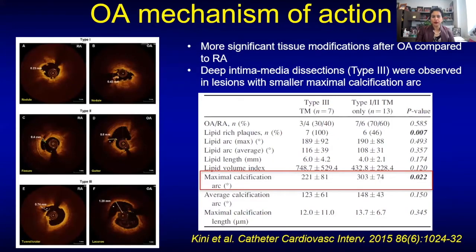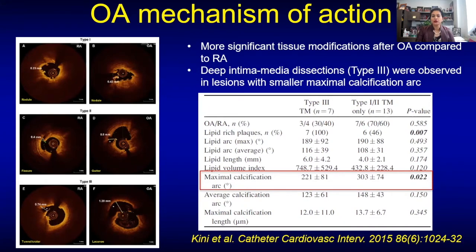We were the first also to show the mechanism of action of orbital atherectomy. When we did imaging, what we saw was that calcium arc was the key factor. If the calcium arc was bigger, a larger arc, then your type of dissection, which is type A, type 2, dissection or cuts were smaller.